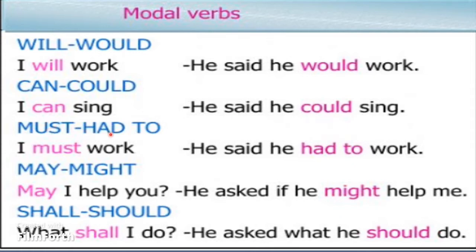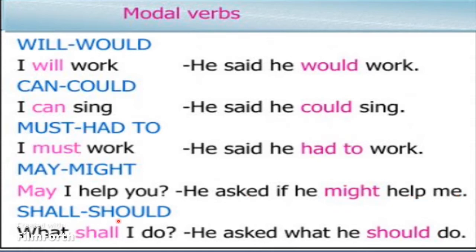Must becomes had to. "I must work." He said that he had to work. That is must becoming had to. May becomes might. "May I help you?" he asked. Here, children, you remember, because someone is asking you a question, we have to use the word asked. He asked if he might help me.